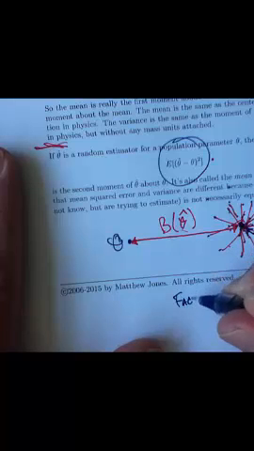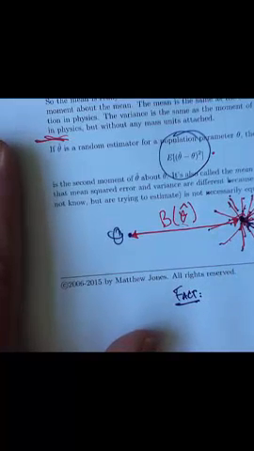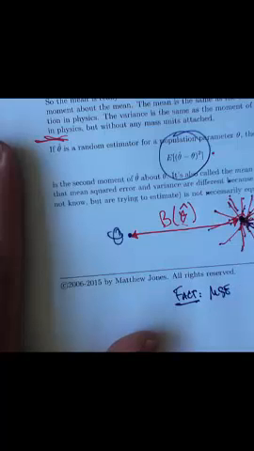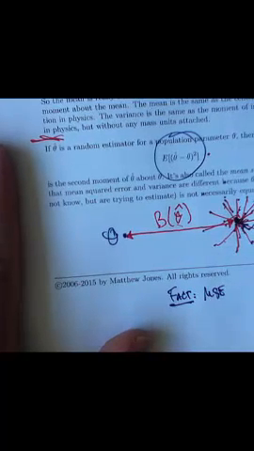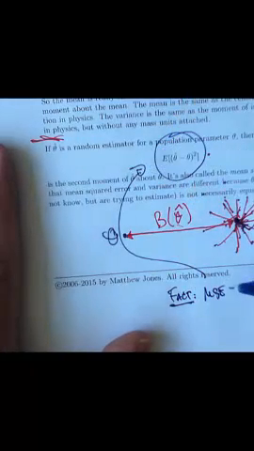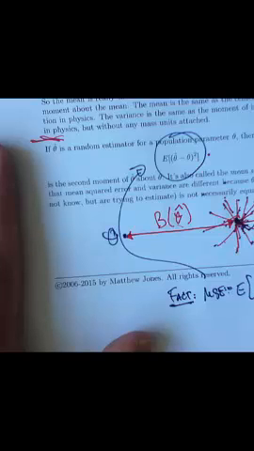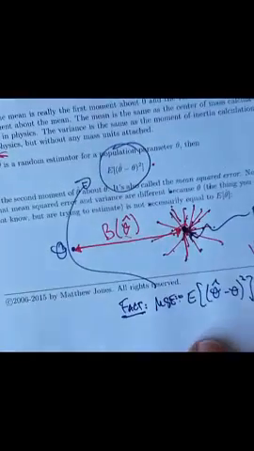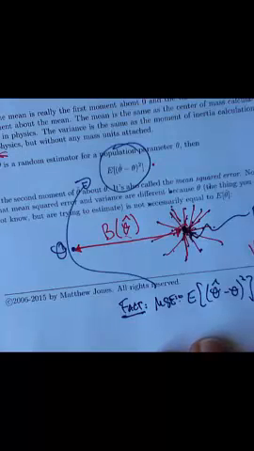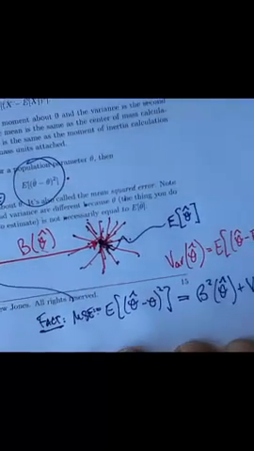Here's a fact, you can prove this. The mean squared error is defined to be the expected value of the squared deviation between theta hat and theta. Turns out this is equal to the square of the bias plus the variance of theta hat. So that's kind of a neat result.